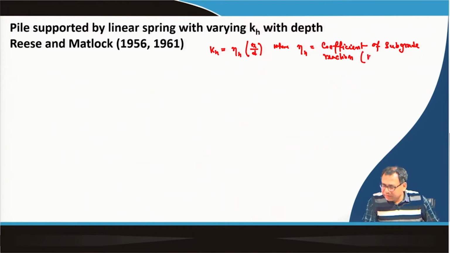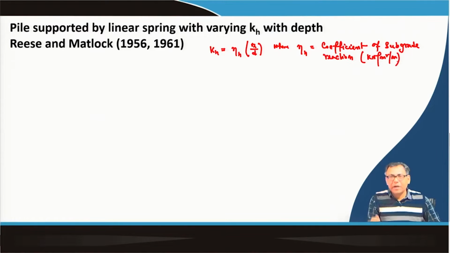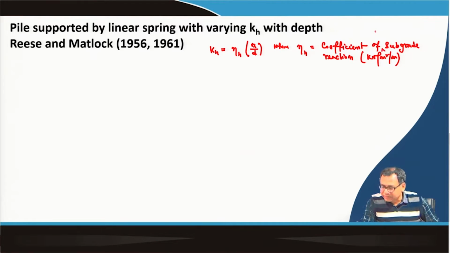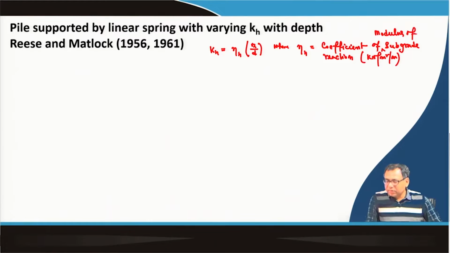Okay, and its unit is also kilonewton per meter square per meter. Sometimes it is called unit subgrade modulus, unit modulus of subgrade reaction, coefficient of subgrade reaction, or coefficient of modulus of subgrade reaction. Or sometimes it is called unit subgrade reaction or subgrade modulus.